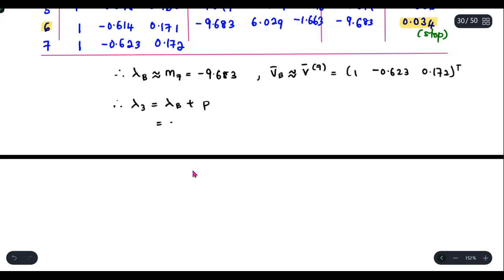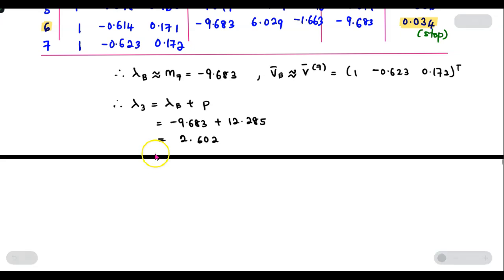Your lambda b is negative 9.683, and your p is your lambda 1 given by the problem, 12.285. So the answer is 2.602. That is your smallest eigenvalue for matrix A.